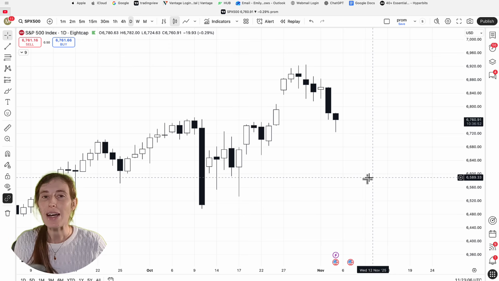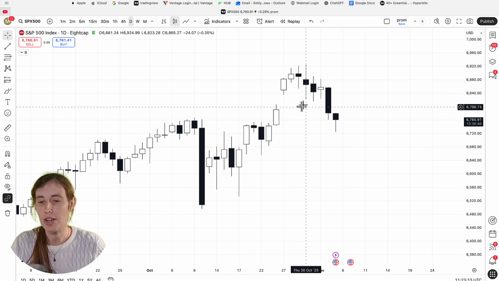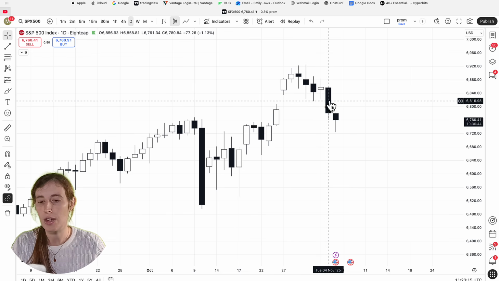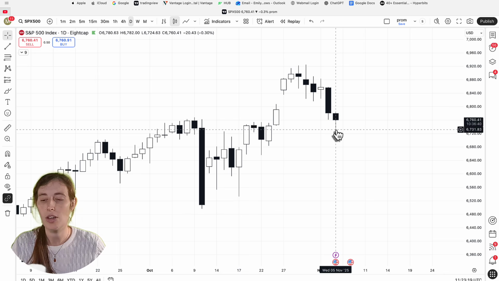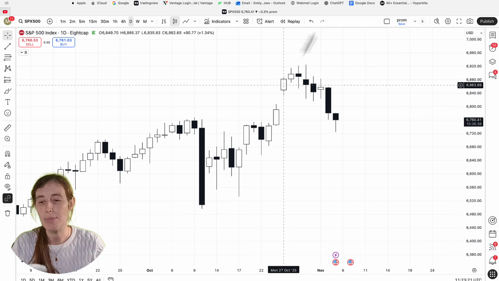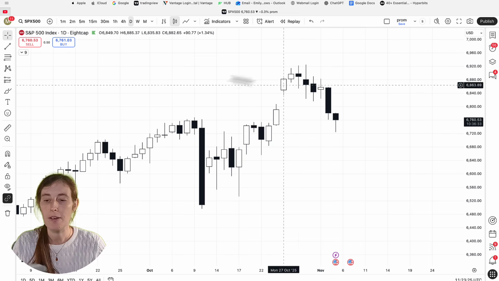We know that on a macro perspective, long term, the market is up. However, the last few candlesticks, we've got 1, 2, 3, 4, 5, 6 candlesticks of price coming down. So currently on a daily basis, price is just experiencing a pullback and it's coming down.